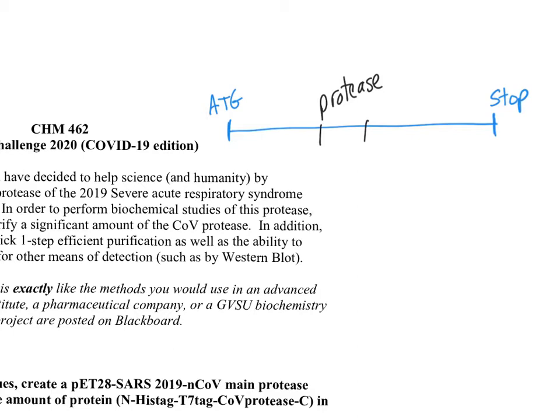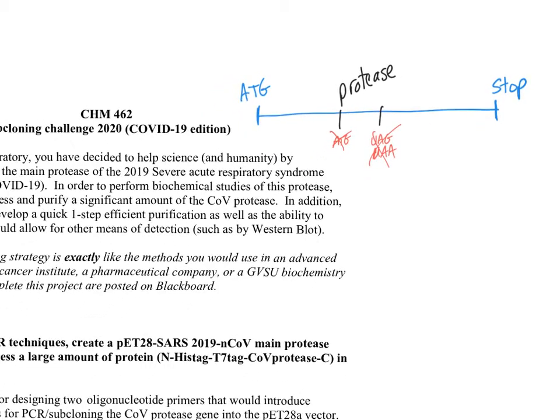whereas you would normally have a reading frame with an ATG at the beginning and some sort of stop codon, whether it be UAG or UAA, this doesn't have that, because it reads right through as if it's part of this very large polyprotein. So that's a little bit different.